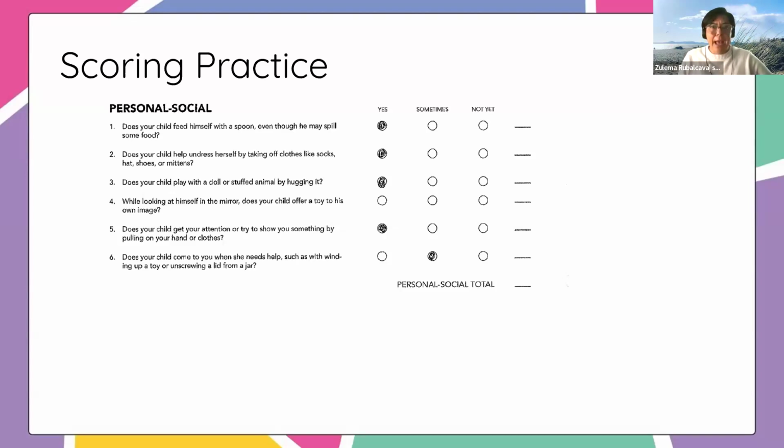So right now we have yes, 10 points, yes, 10 points, yes, 10 points, no answer, right? So we don't give it a score, continue, 10 points, 10 points. If we look at that question, while looking at himself or herself in the mirror, does your child offer a toy to their own image?